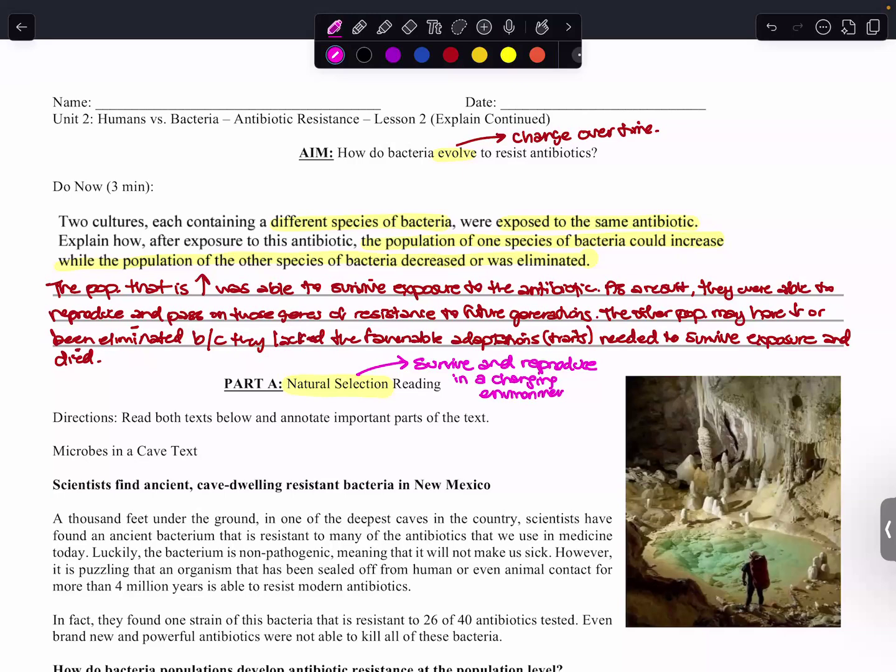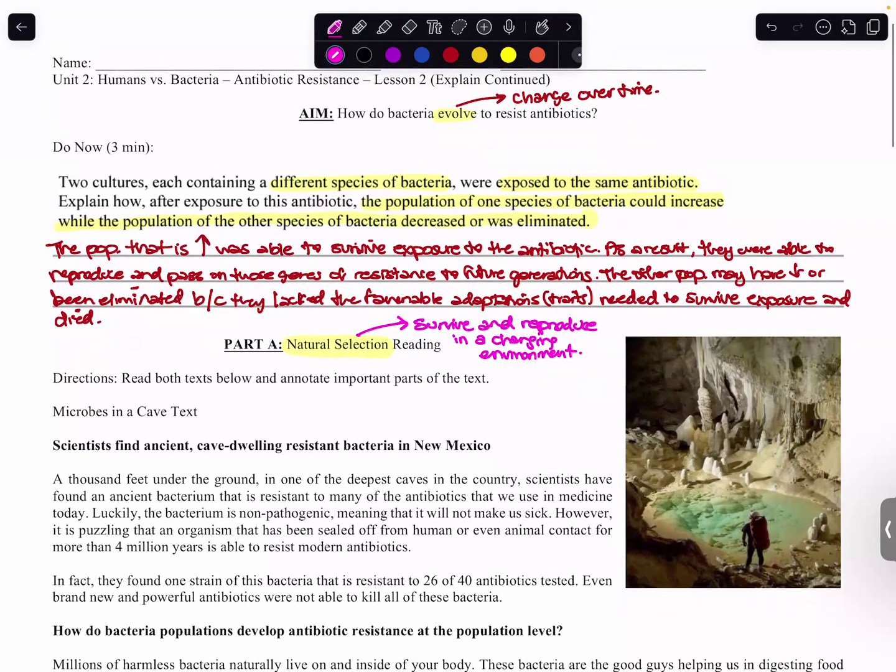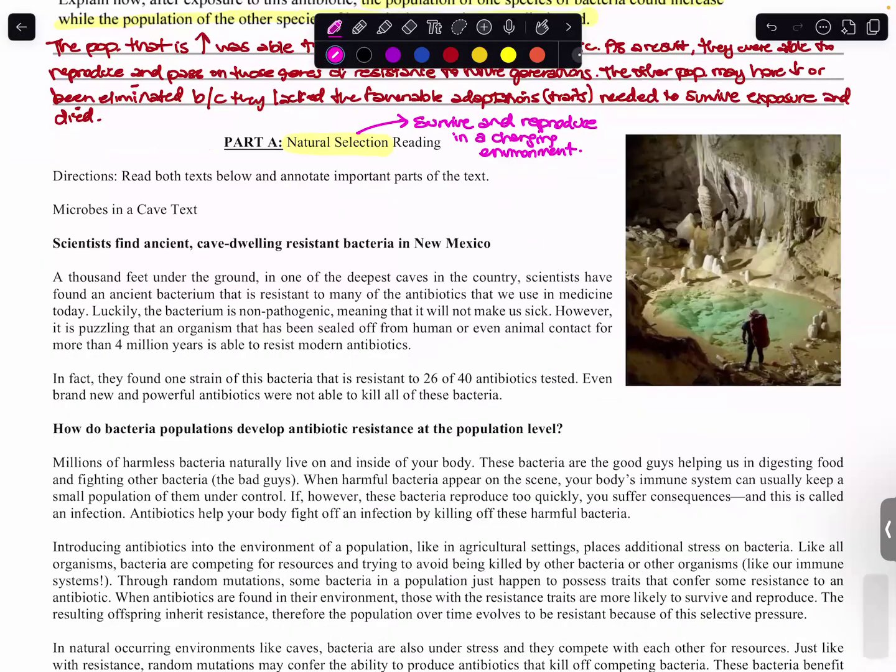Remember, we were first really introduced to natural selection this unit when we spoke about the rock pocket mice. Now we're talking about antibiotic resistance in bacteria, right? That is a changing environment for them. If we introduce an antibiotic to their environment, we've changed their environment and therefore are going to change how they behave or what they're going to be able to do in order to survive and reproduce or not survive and reproduce.